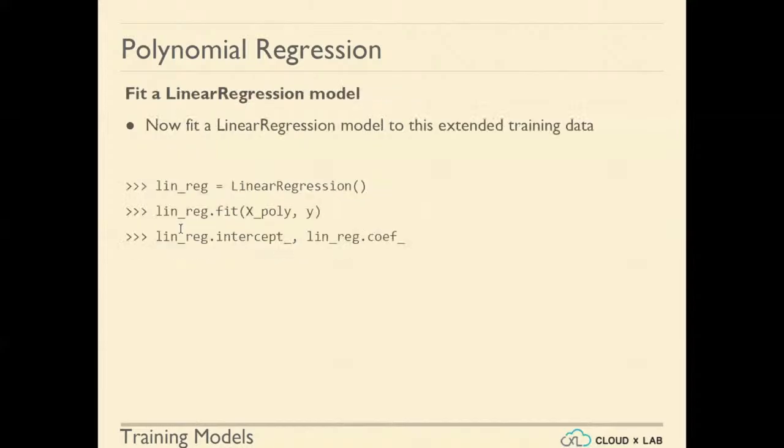So now, as you can see, we are learning a linear model on newly created features, right? If you write the original features X here, then you are learning a linear model.